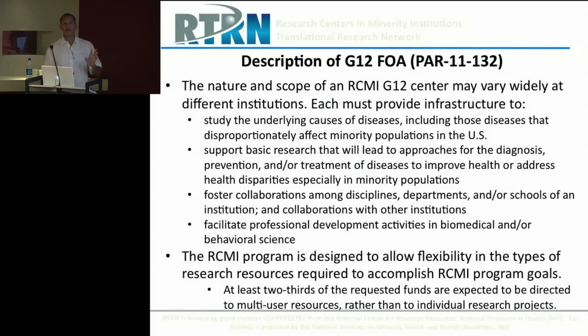So one thing is the G12 applications are specifically designed to be flexible, so that they're providing research infrastructure, but it's to be tailored so that each institution is different in the RCMI community. Their needs are a little different, and what works is a little different.